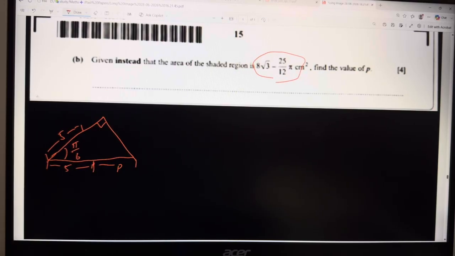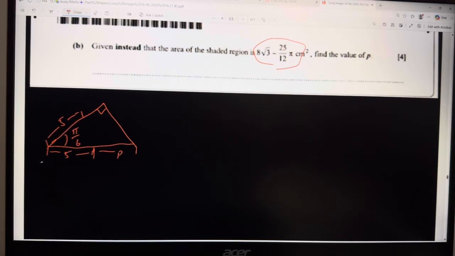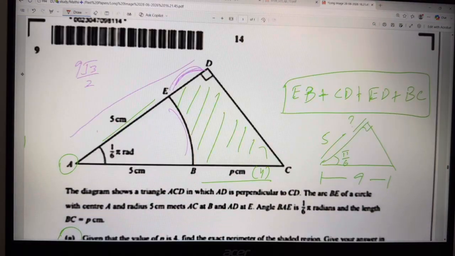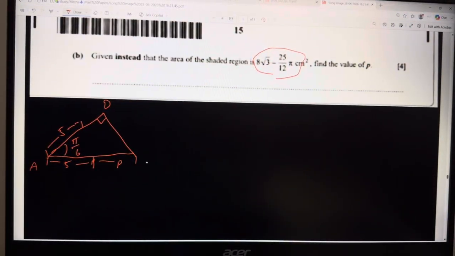Here this is A, this is D, and that part is C.